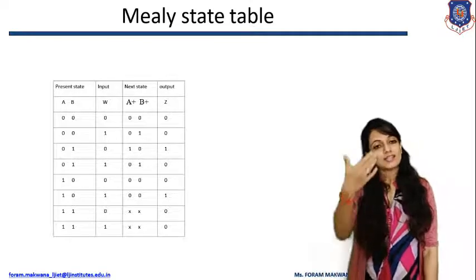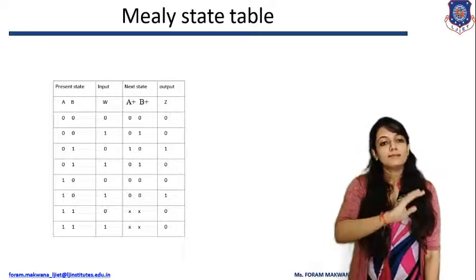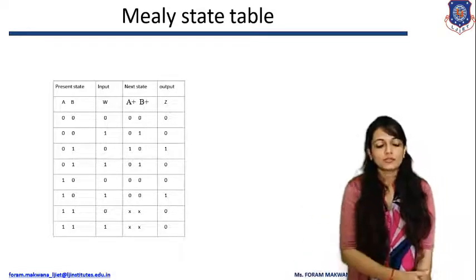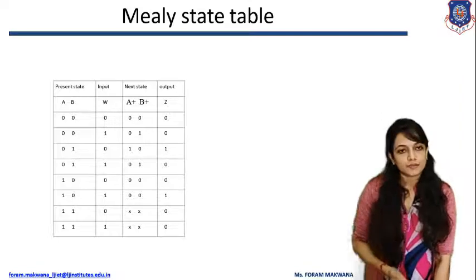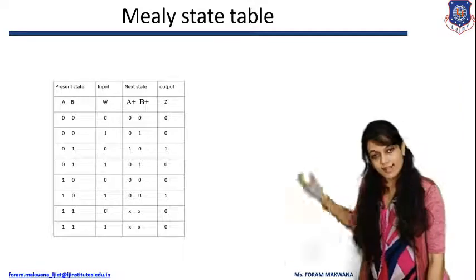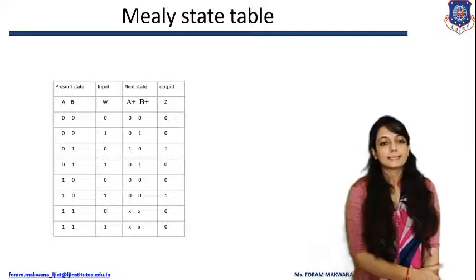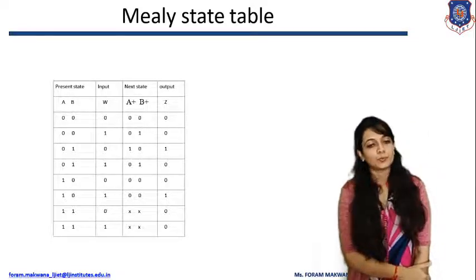So based on that and based on the input value, either 0 or 1, we are able to derive what my next state is and, from the input, what my output is.